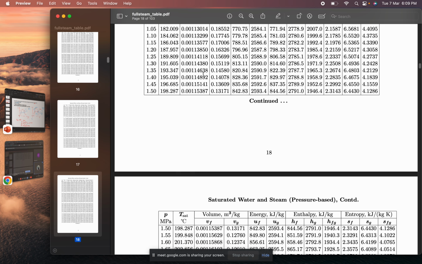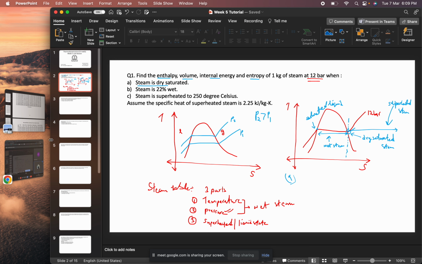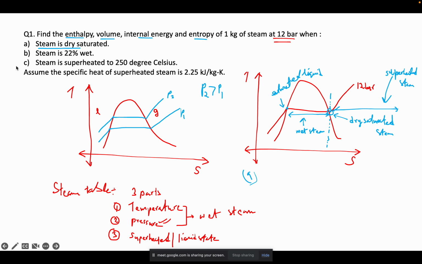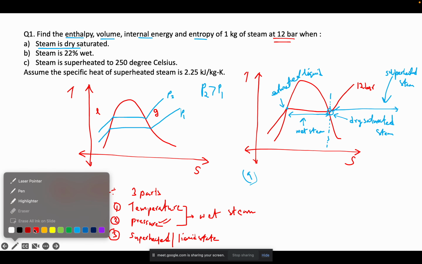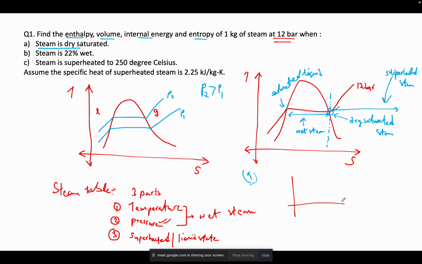This is your volume for the liquid, that is vf. Let me draw one more, then it will be clear to you. This is the T-s diagram, the dome shape part. Suppose this is one of the pressure lines, so this point they name as f, and this point they name as g.